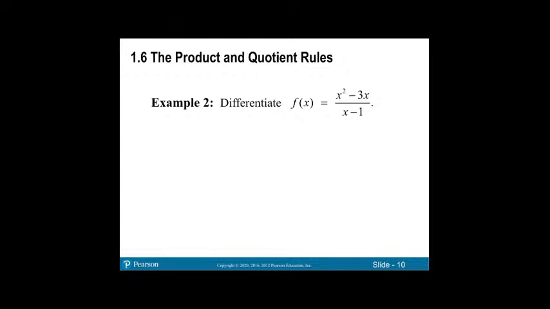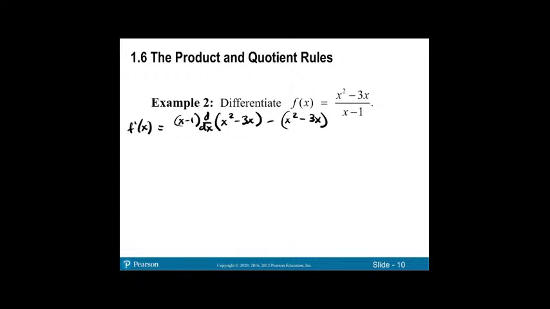So differentiate. So then our f prime is going to be the bottom times the derivative of the top. So when I say d by dx of, it's going to be this x squared minus 3x. So the bottom times the derivative of the top minus the top times the derivative of the bottom.